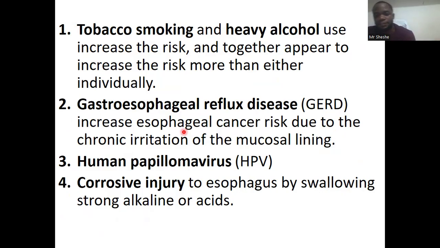Human papilloma virus, so infection of the upper respiratory tract, infection of the esophagus with viral infection, mainly with the advent of oral sex and so on, may cause change in the cell arrangement of the esophagus, turning those squamous cells into other types of cells, causing cancers.